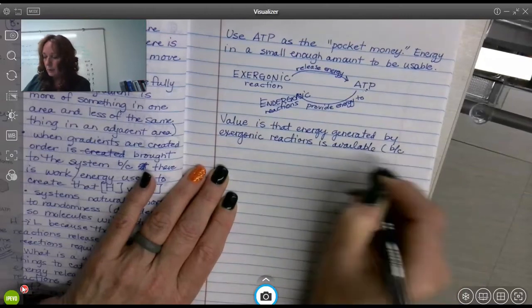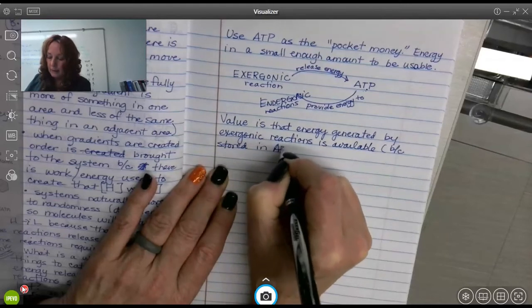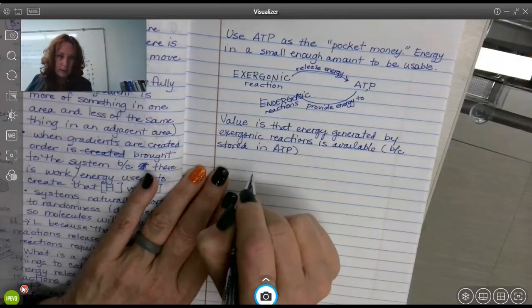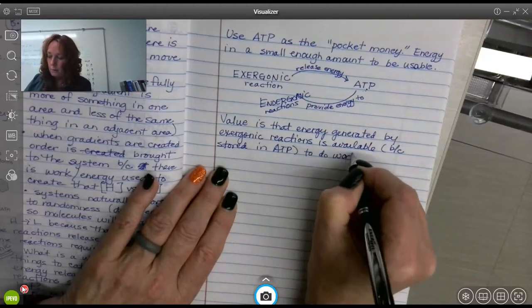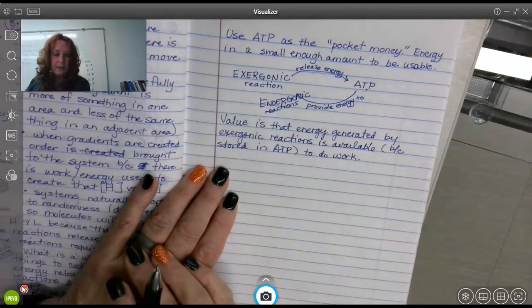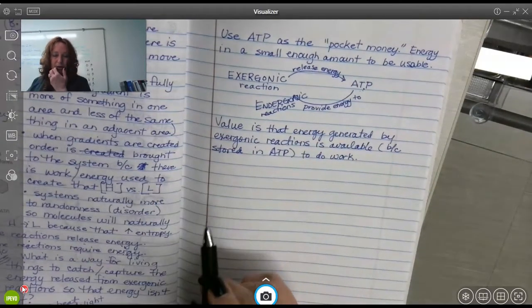And I'm just going to put because it is stored in ATP. Thank goodness for not blowing up in heat and light, to do work, which would be the work would have been to provide energy for some type of reaction that requires it.